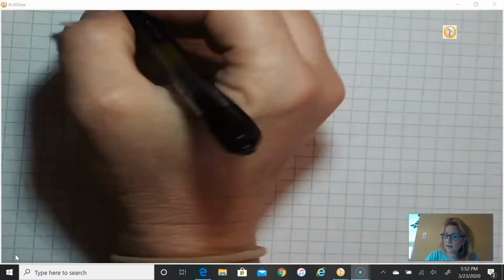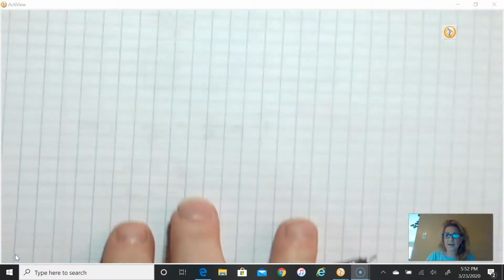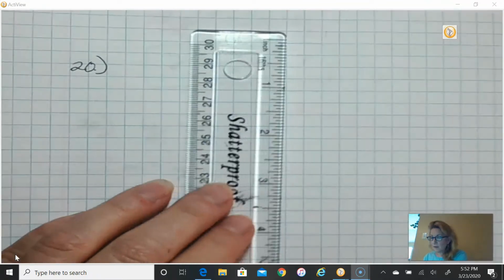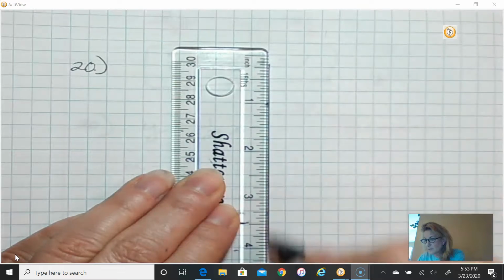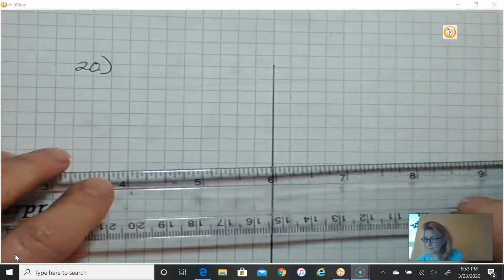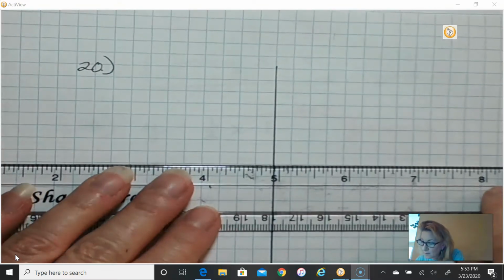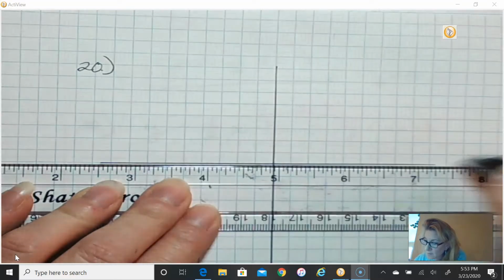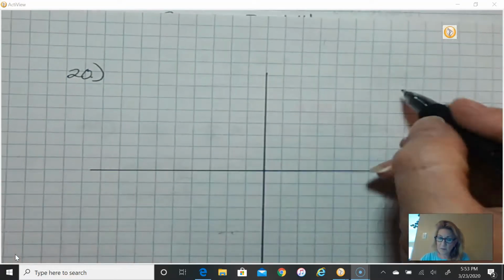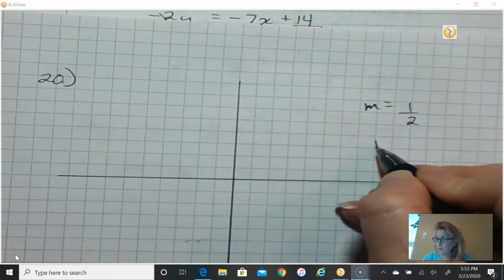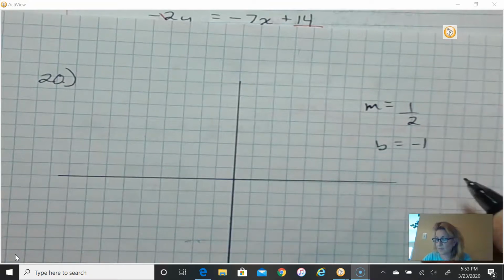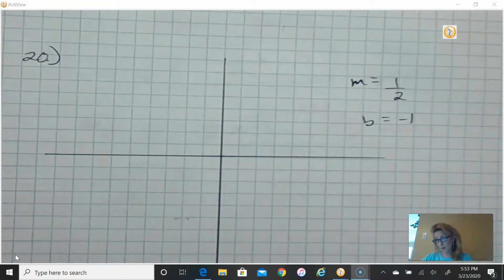So 20 is the last one, guys. Hang in there. Looks like this. All right, so your slope was 1/2. Your y-intercept was -1. What is the first thing we plot on the graph?